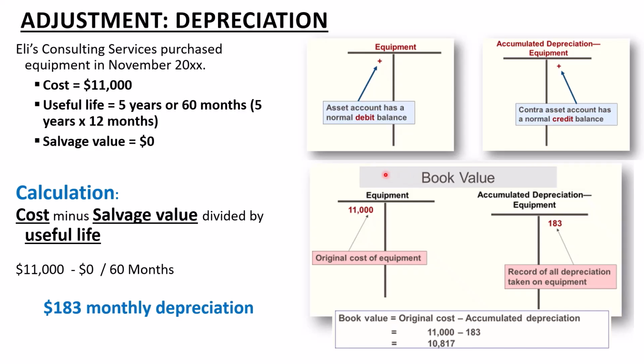The book value is the net asset value after depreciation, which means that you take the original cost of the equipment and you subtract the accumulated depreciation from it. And in our case, it is $11,000 minus $183, which equals $10,817 as the book value.